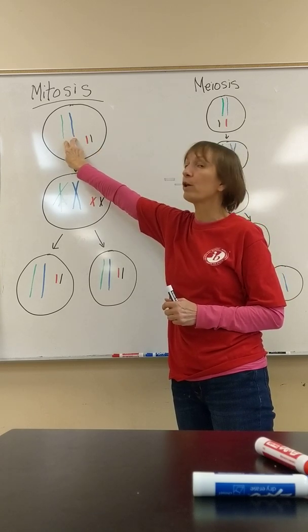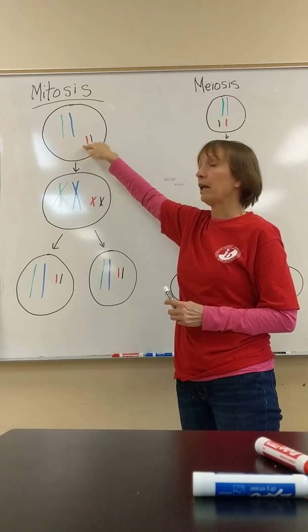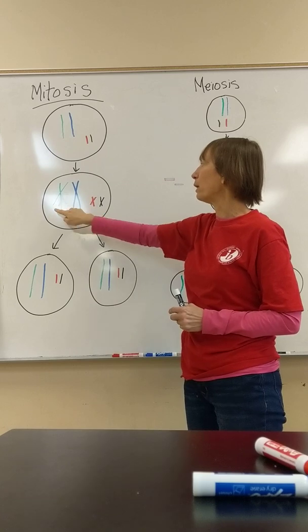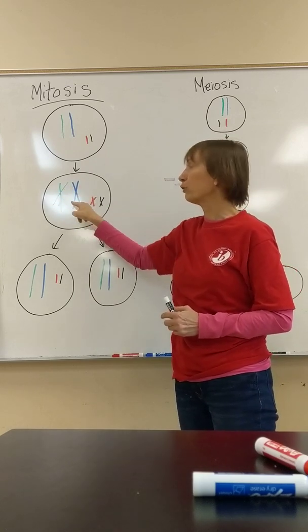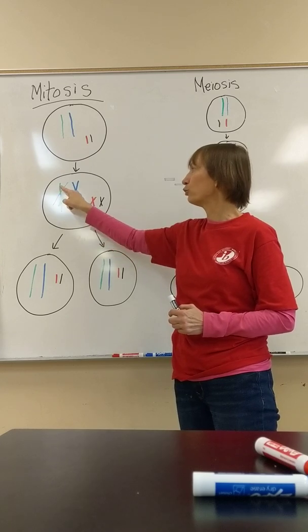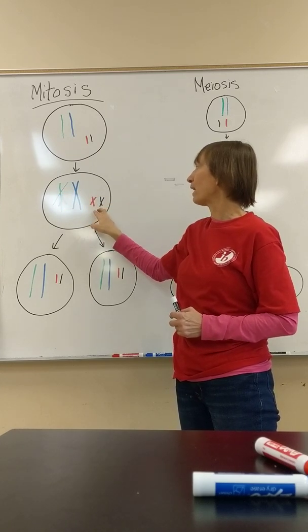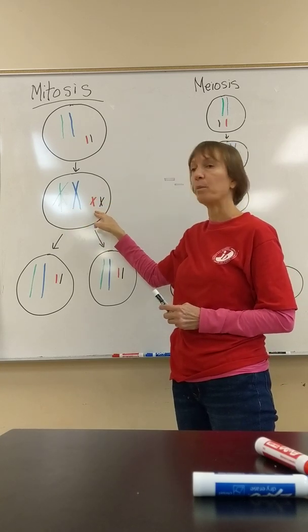This is one homologous pair, this is another homologous pair. These guys double, so they replicate themselves, and you end up with these sister chromatids. So this is still a homologous pair, but now you have your original strand and a copy, original strand and a copy. These guys have also doubled, so now you have two homologous pairs of sister chromatids.